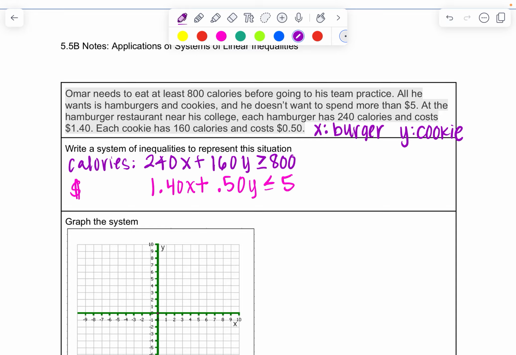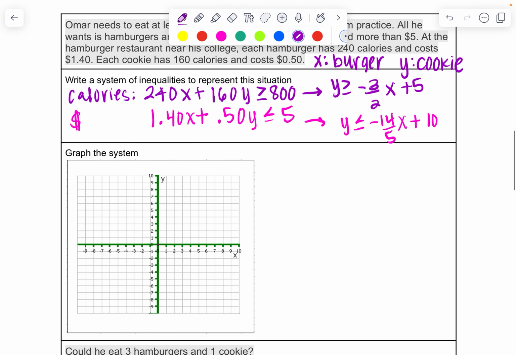If I get Y by itself on these, I would get Y greater than or equal to negative 3/2 x plus 5. And then on my second one, y less than or equal to negative 14/5 x plus 10.